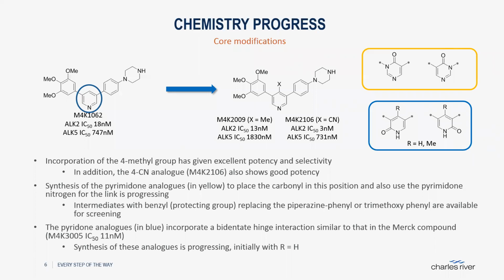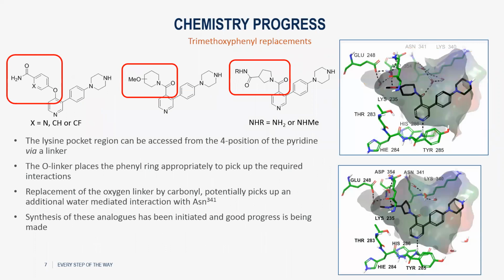Okay. And on the next slide, these are some things I talked about last month, where we're accessing the Nicene Pocket from the 4 position. So this is starting to move away from the main series with the idea of potentially generating a second series. So either having a linker such as an oxygen linker or a carbonyl linker.